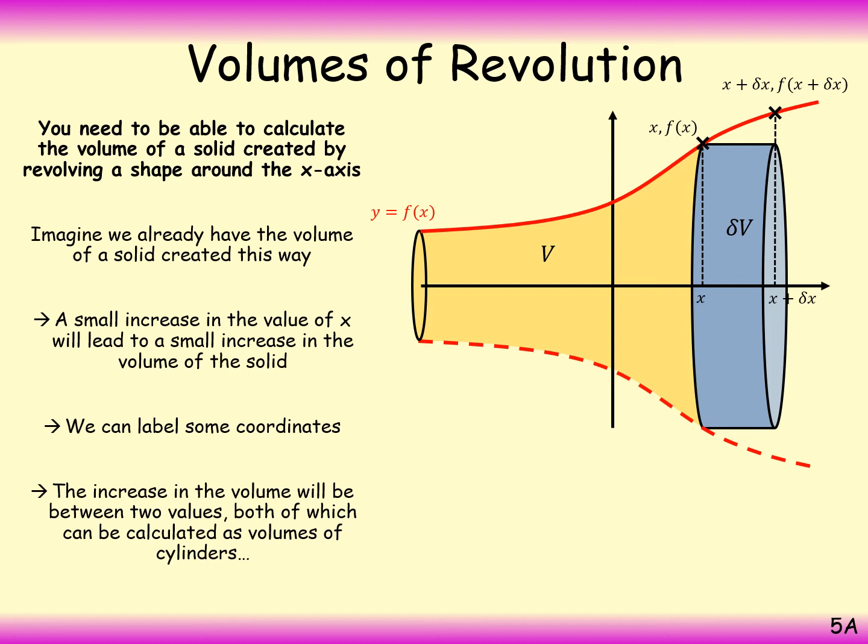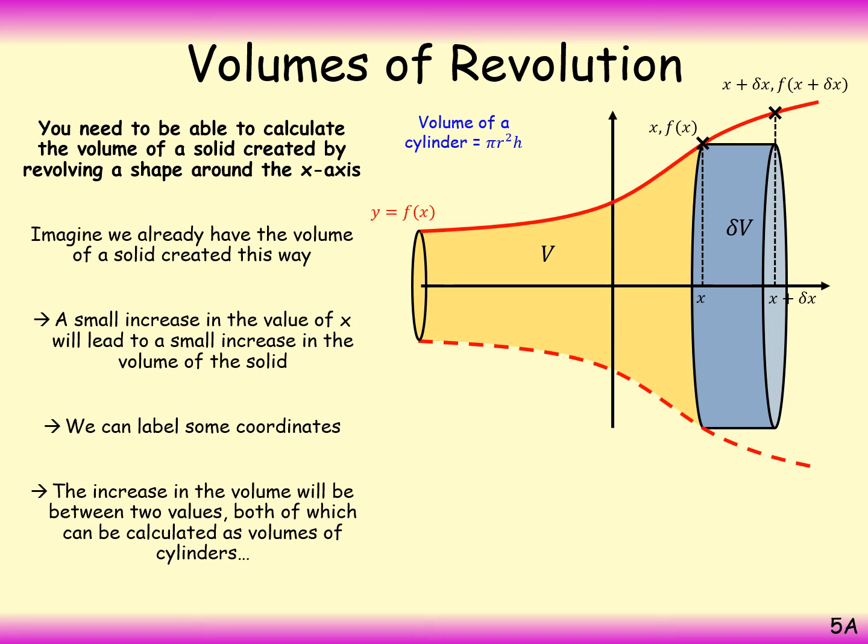That's why as delta x tends to 0, you're getting closer and closer to the accurate answer. So using similar terminology here, we could say the cylinder, as you make delta x smaller and smaller, would be that volume here from there to there, the delta x bit.